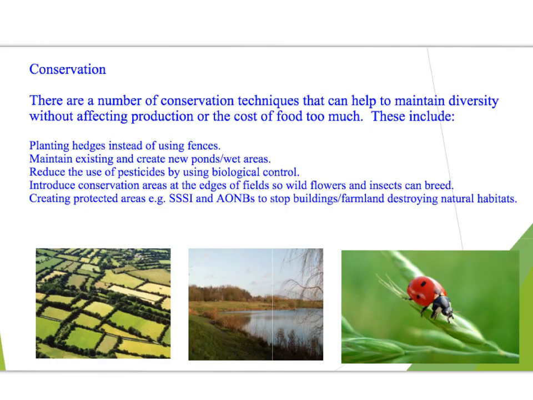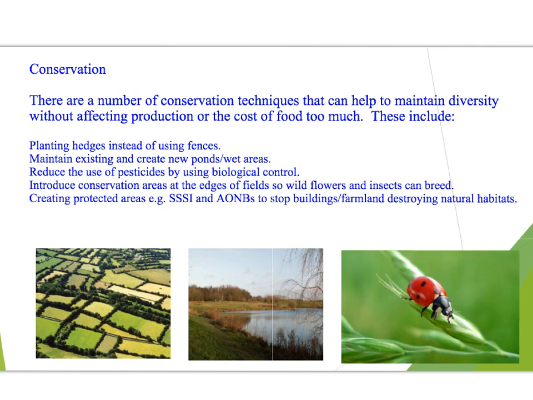So a lot of conservation is involved around trying to maintain diversity of habitats, and working alongside food production. Is there a way that this can be done which isn't going to affect food production too much? So things that a farmer could do is plant hedges instead of using fences. So those hedges, as you can see in the picture here, would provide extra habitats, more variety of food sources.